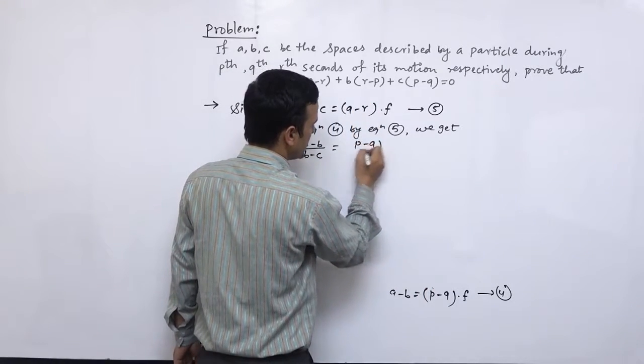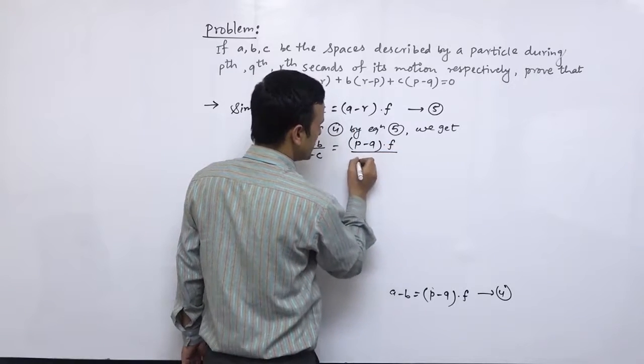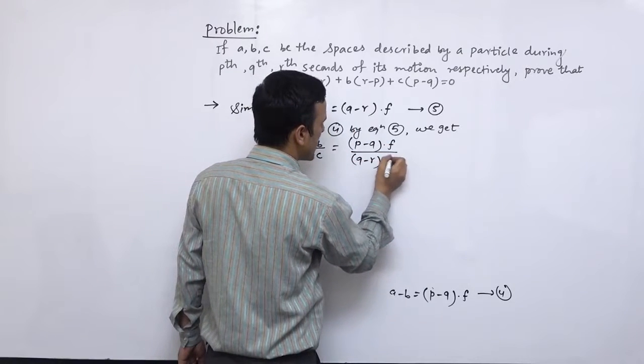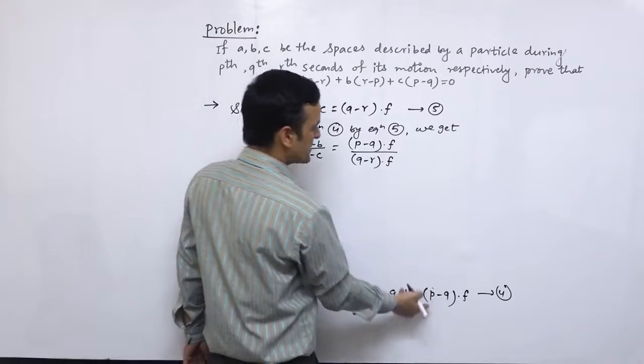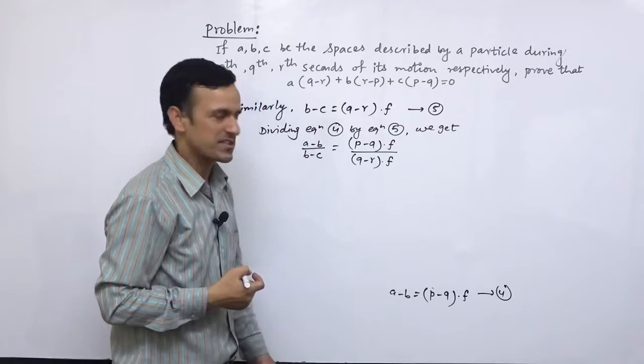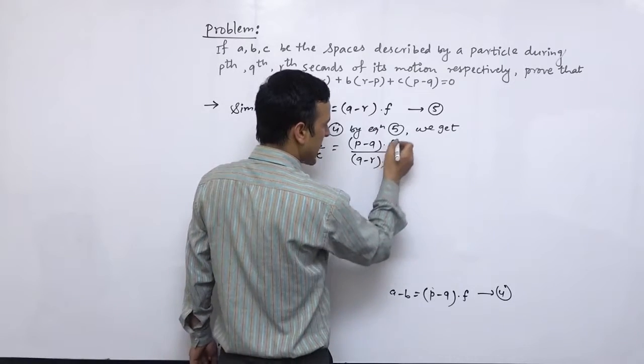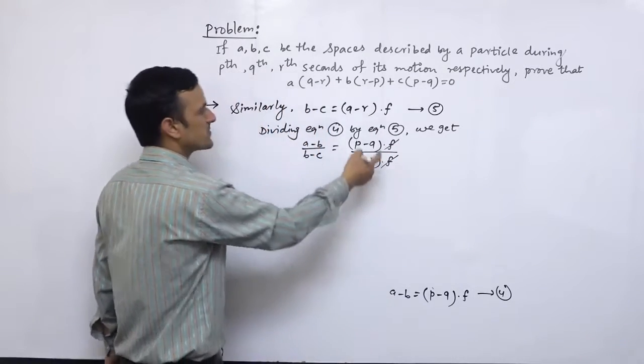So we have P minus Q times F divided by Q minus R times F. So this is the result after division of these two equations. Now we can cancel this F and F and cross multiply.